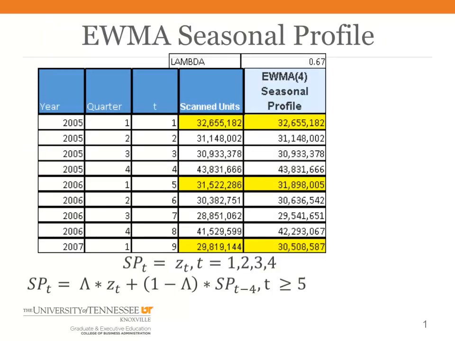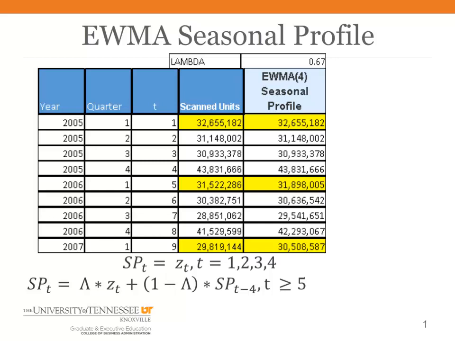Now let's extend that concept. Rather than just use the same quarter from last year, let's use an exponentially weighted moving average of the same quarter in all previous years. And I'm going to call that exponentially weighted moving average my seasonal profile. For example, let's focus in on the first quarters.